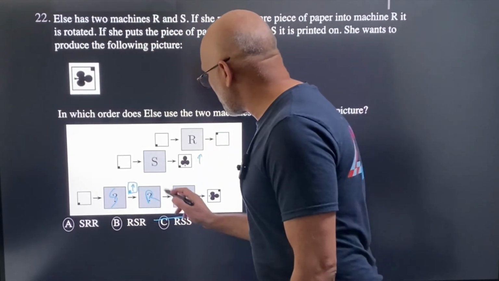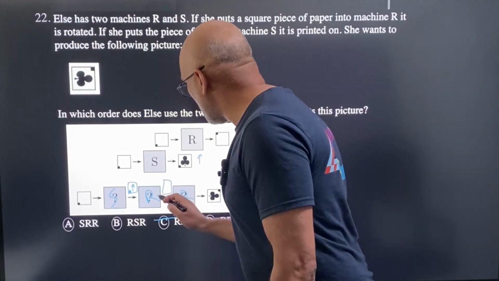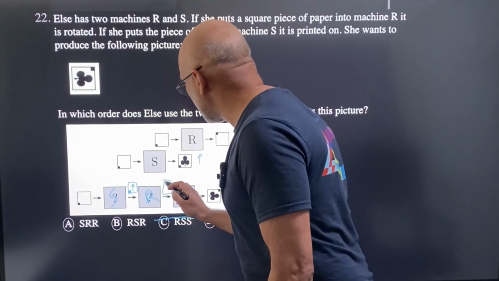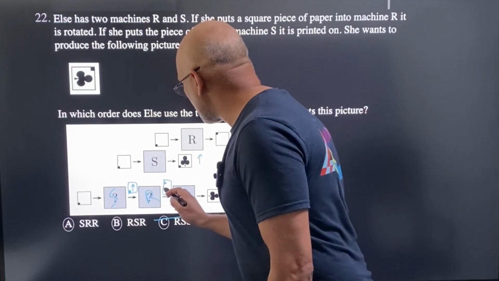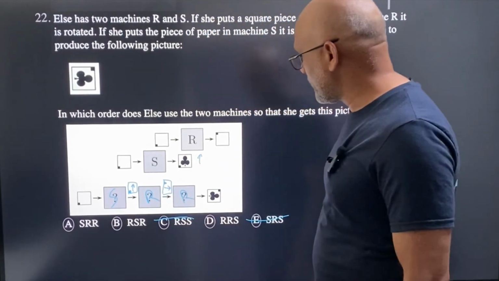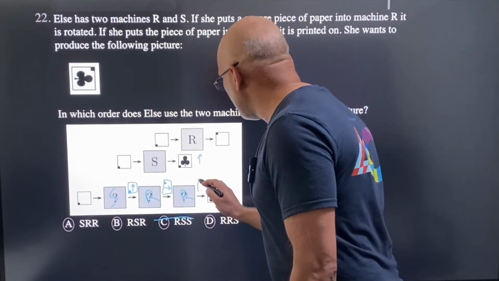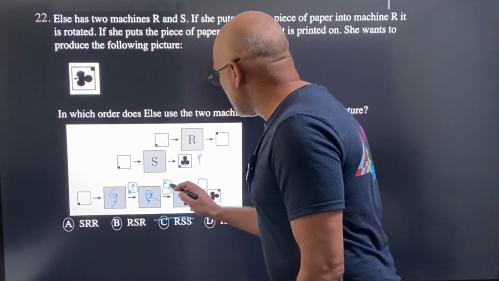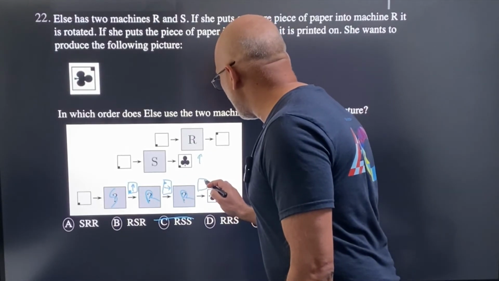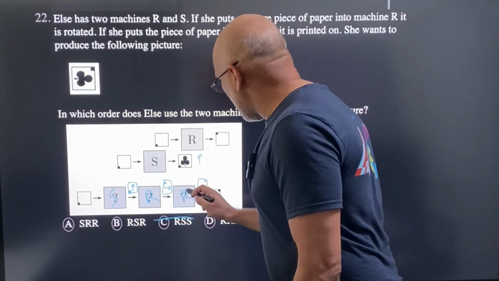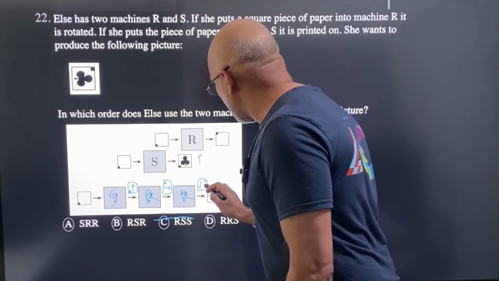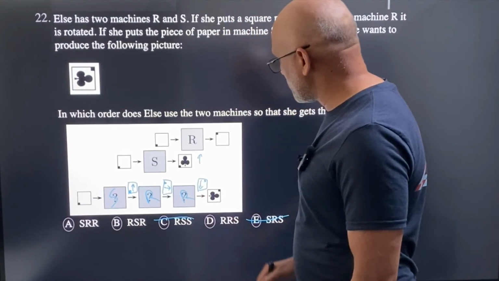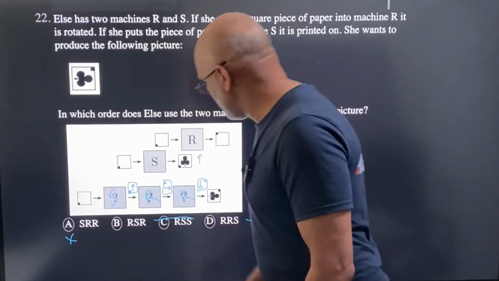And then when I rotate it 1 time, this gets rotated here. So I end up like this. I rotate it 1 more time. And then this will end up here, and this will be like this. But these are not the same, so this cannot be it.